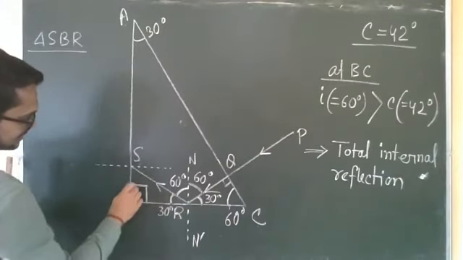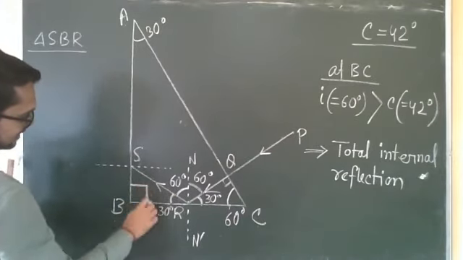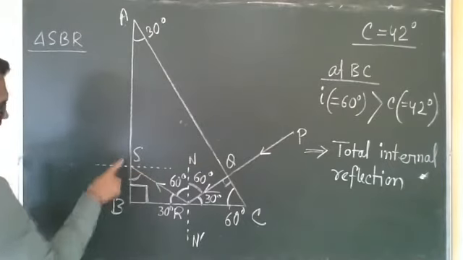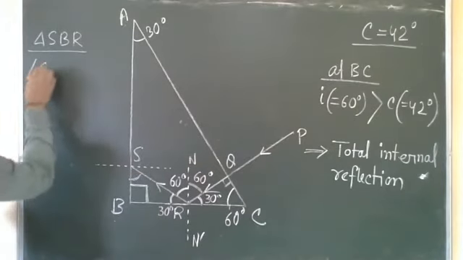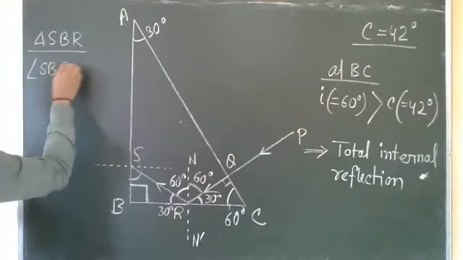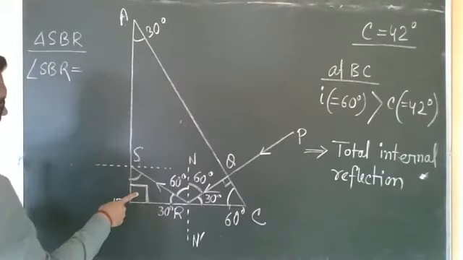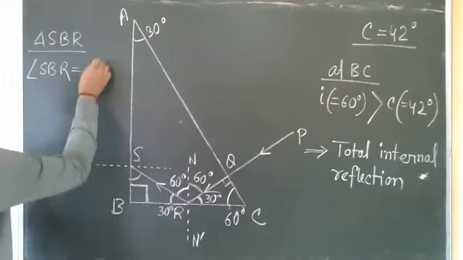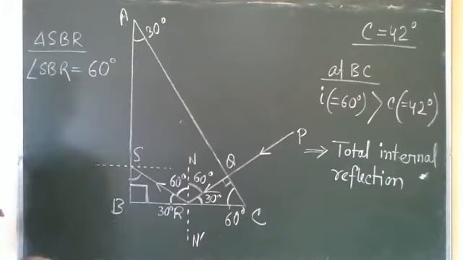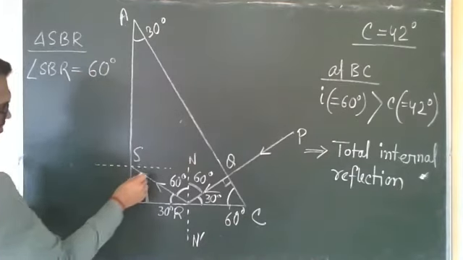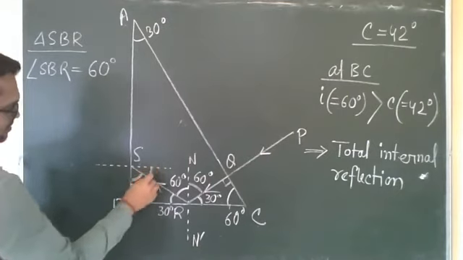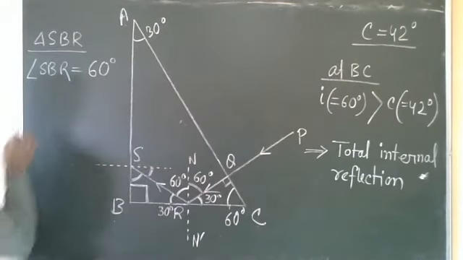This is 30, this is 90. So what about the angle SBR? Angle SBR will be 30 plus 90, 120. 180 minus 120 is 60. So this angle is 60, but this is not the angle of incidence. The angle of incidence is this one.